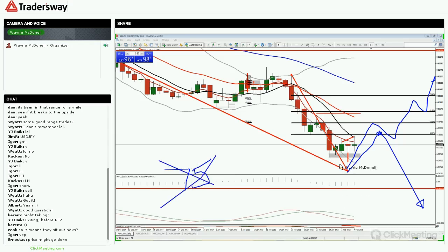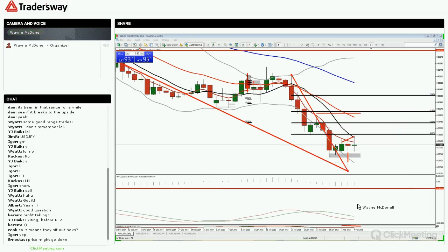I think it's time to be concerned that the vast majority of the move has taken place. I'm not saying it's going to reverse, but I think it's much more likely now that some people are just going to say, hey, we hit 75, there's no more downside, get out of the shorts, go long.